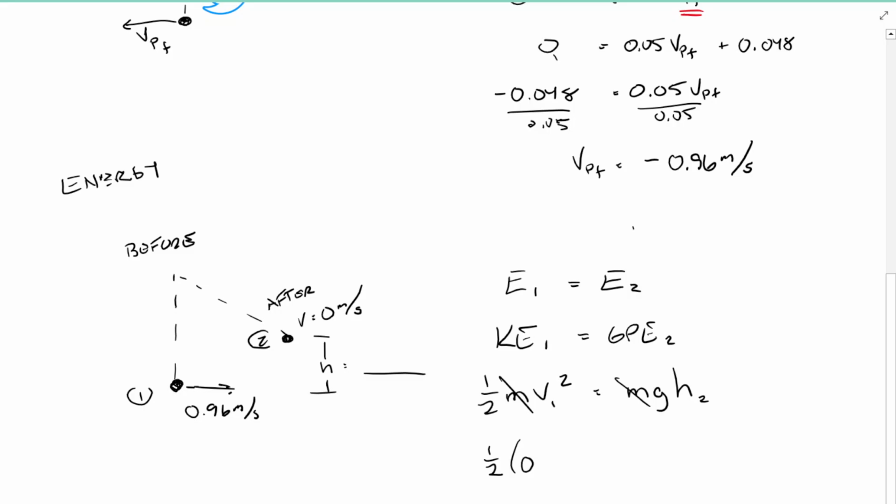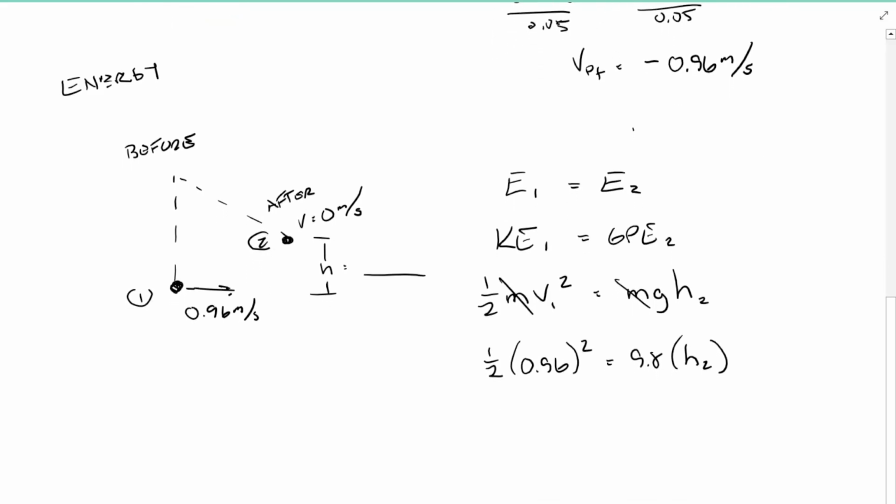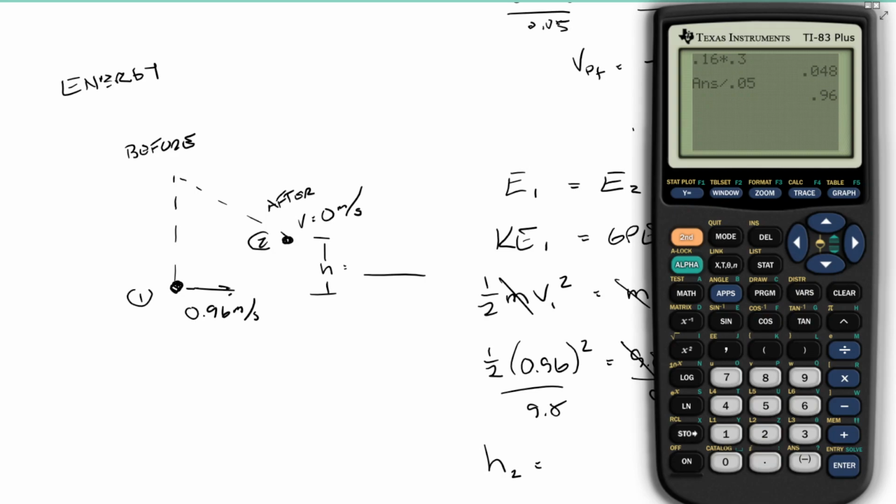We know the velocity. 1/2 of 0.96 squared has to be equal to g, which is 9.8, times the height at position 2. So I'm going to divide both sides by 9.8 and solve for the height at position 2 that this thing is going to swing. Let's square 0.96, multiply it by 0.5, and divide it by 9.8.